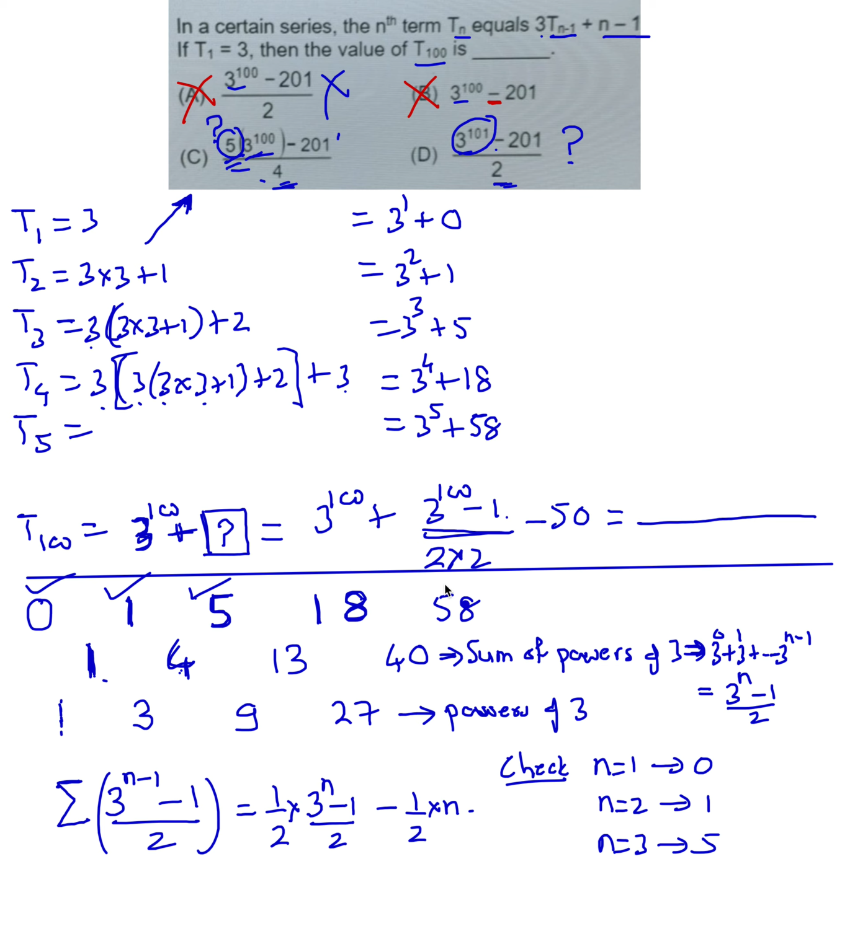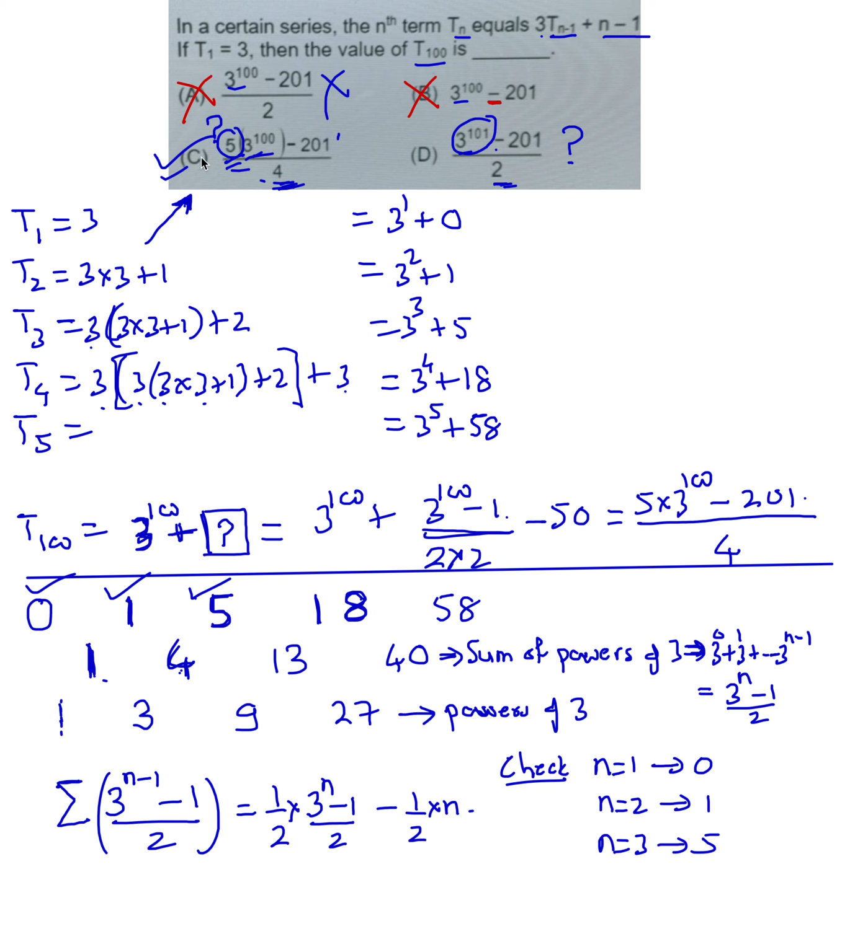Yes, I did the divide by 2. So the LCM is 4. Now I know how I get this 4. So 4 times 3 raised to 100 plus 1 times 3 raised to 100 is 5 times 3 raised to 100. Okay, and the minus 1 will remain as it is. This will get multiplied with a 4, so you will get a minus 201.